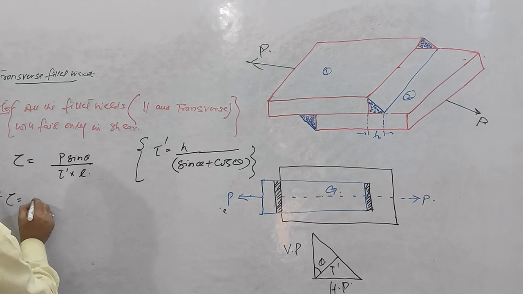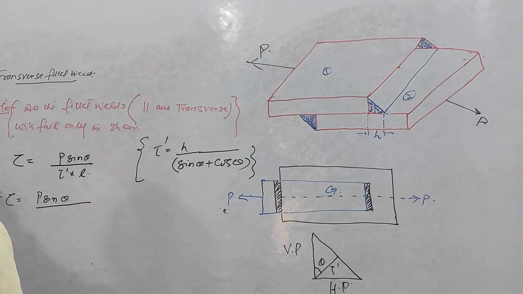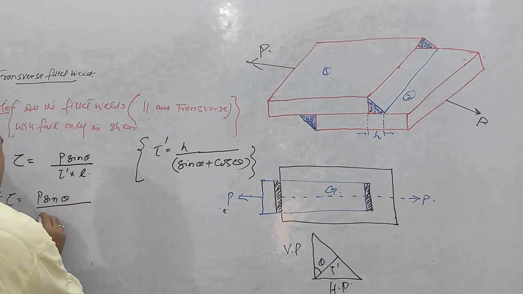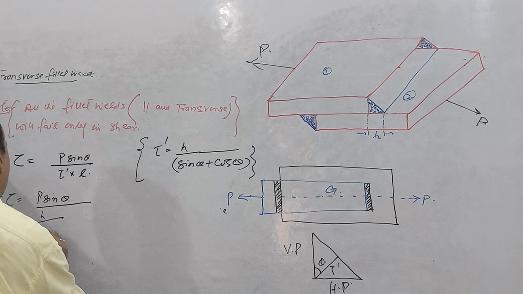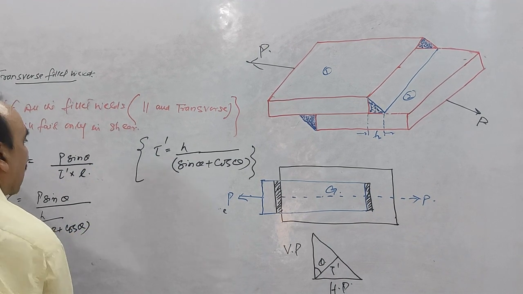Therefore tau is equal to P sin theta, and in place of T dash comes H upon sin theta plus cos theta.